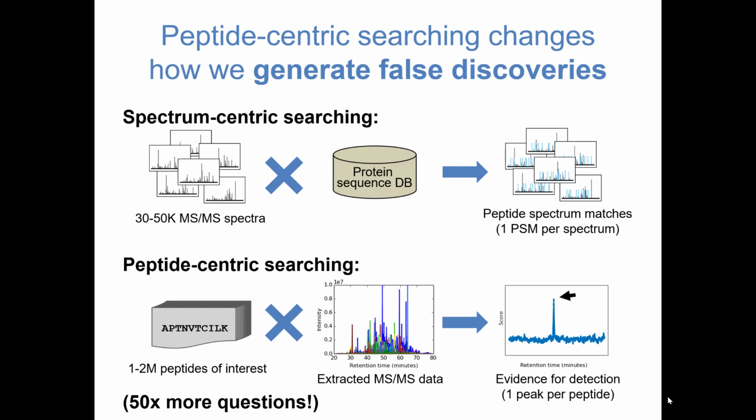If I ignore the right peak, I will never get to compare those two. How is the wrong peak not as bad as the wrong peptide spectrum match? For example, if you've got two samples and you integrate over here, and over here it wasn't in the sample, so you picked the wrong time point, that signal is going to be a lot lower than if it were actually in that sample.